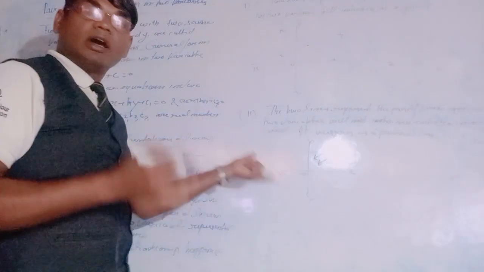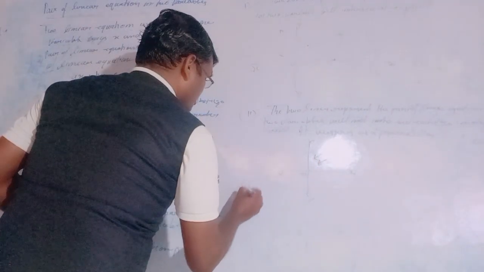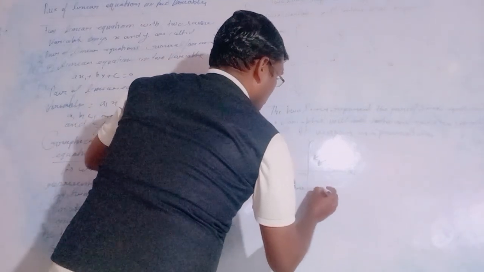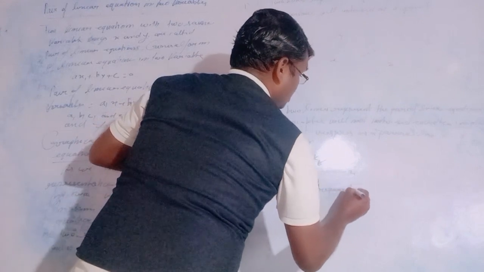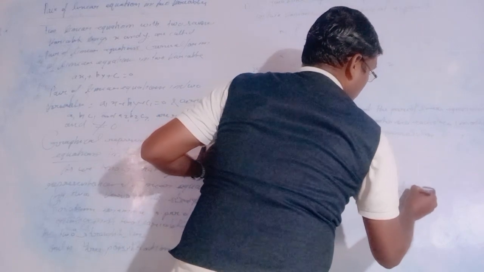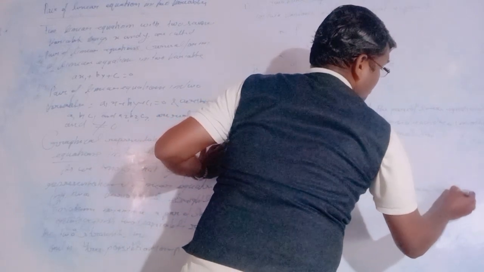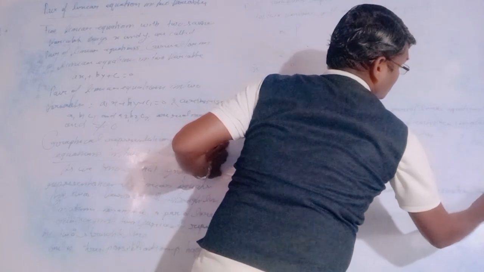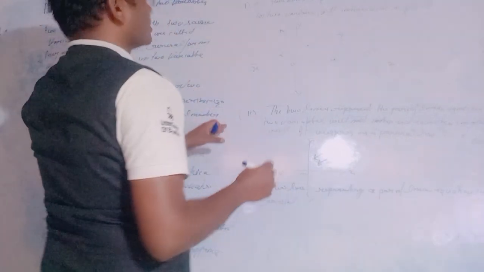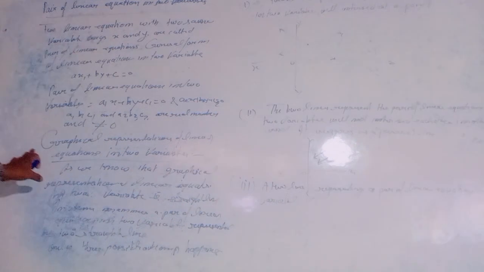And the third outcome we will discuss here: the two lines representing a pair of linear equations in two variables will be coincident.